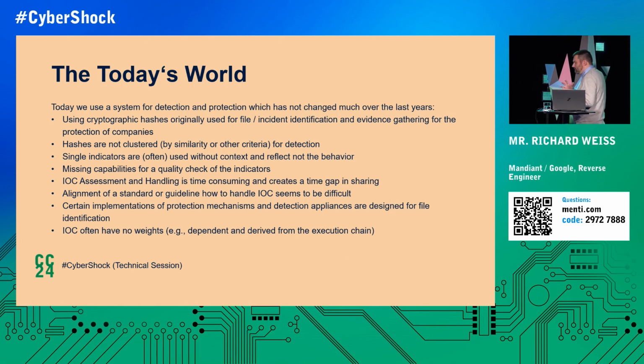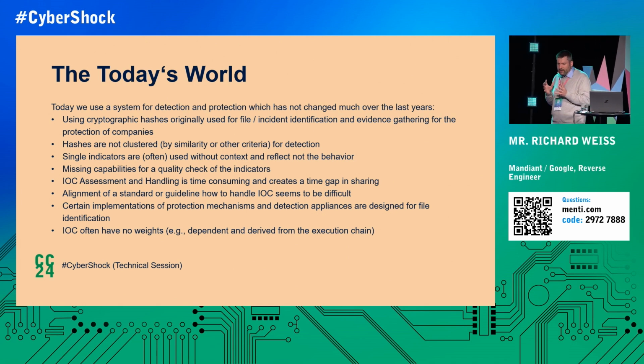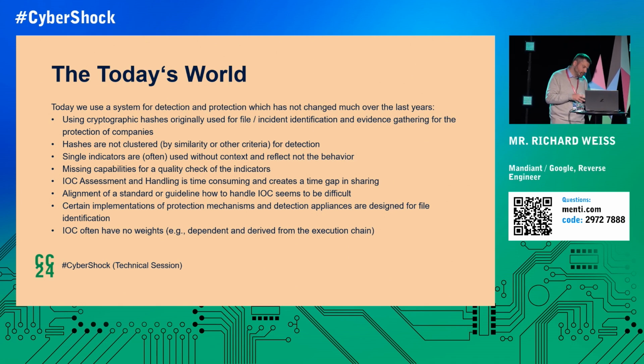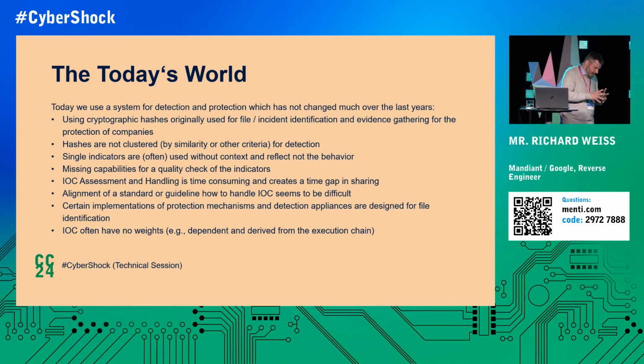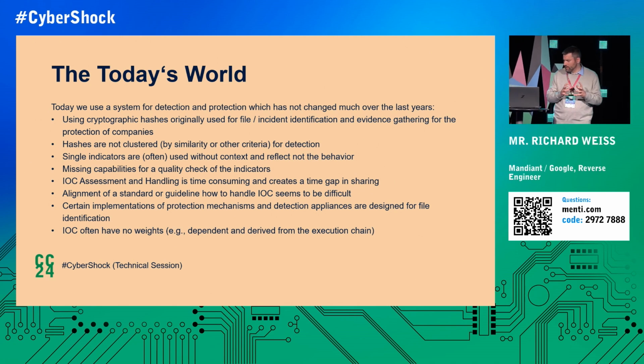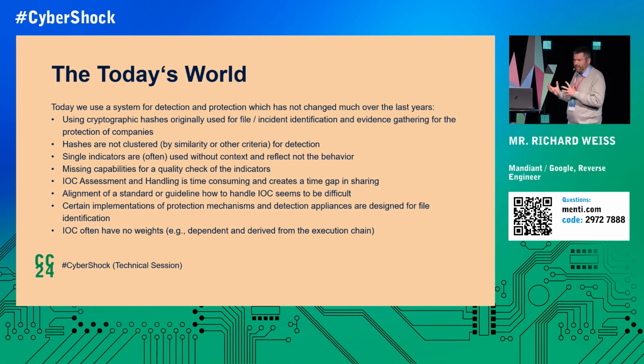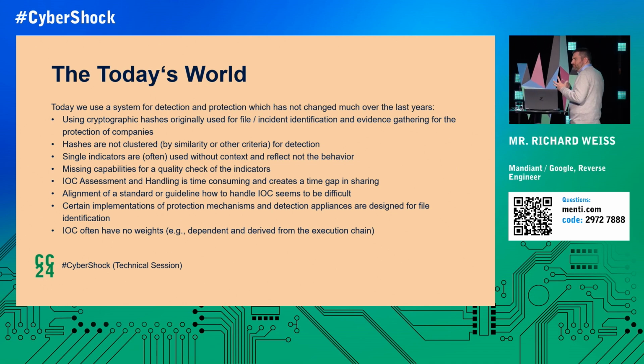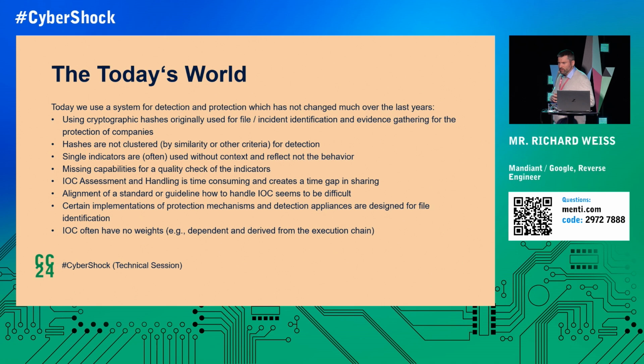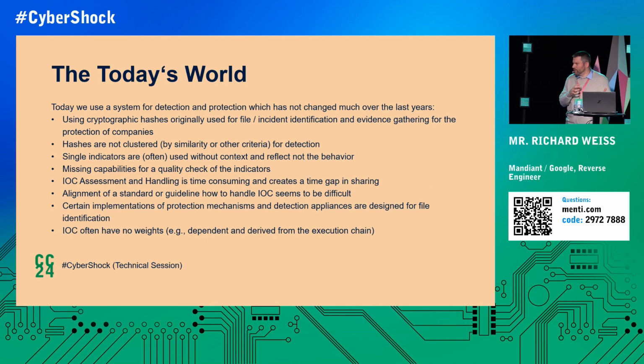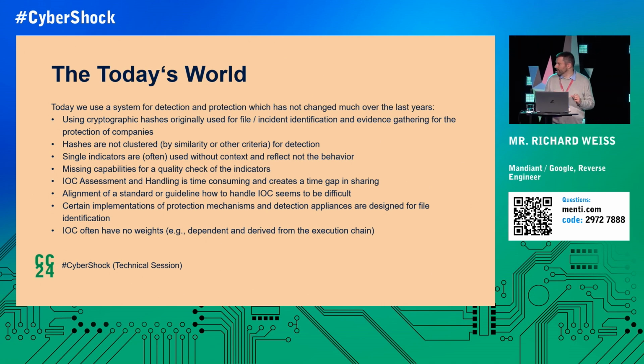And so we built our systems around hashes and single item indicators, not only hashes, also URLs and so on. Now if I say we should use it in a different way, we are limited by what we decided a decade ago and what we built up in our systems a decade ago.